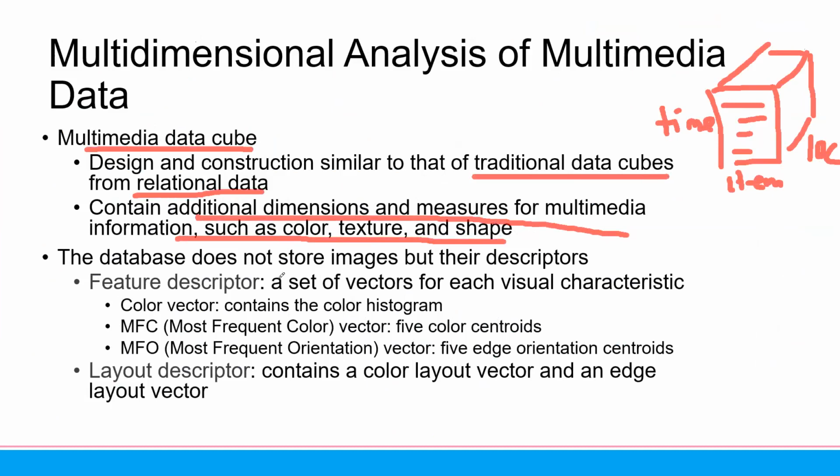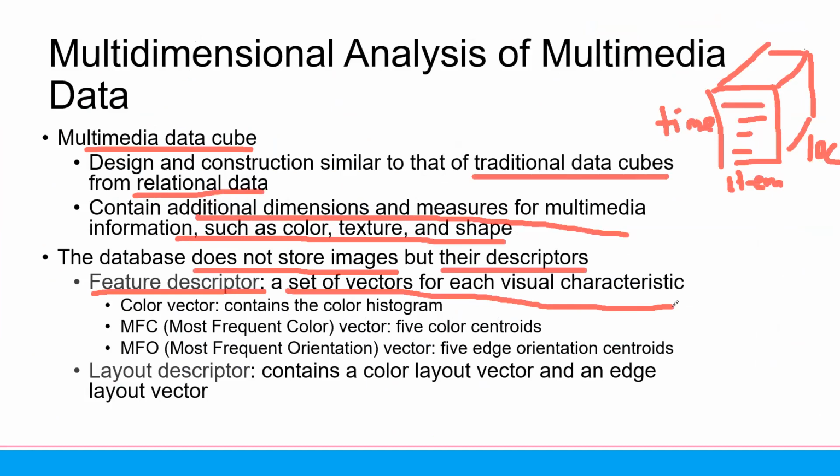The database does not store images. So whenever you have images, they will not store them, but they will just get the feature descriptors and then save the descriptors into the database. So a feature descriptor is a set of vectors for its visual characteristics.